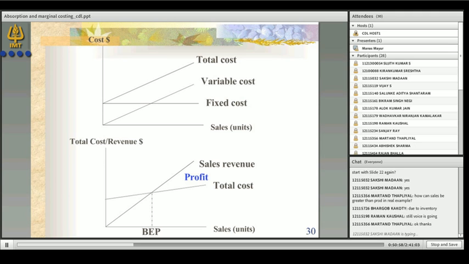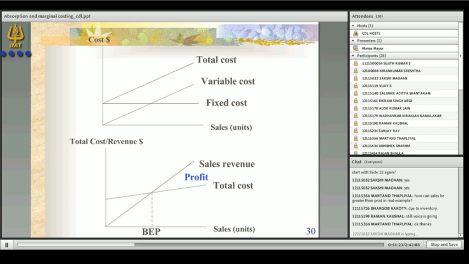And as you increase the number of units sold, these two lines will go upward and there will be a point where the sales revenue line will touch the total cost line, and this is the point where the company's total revenue or sales revenue is exactly equal to total cost, or there is no profit or no loss situation for this particular company, and anything above that is profit.